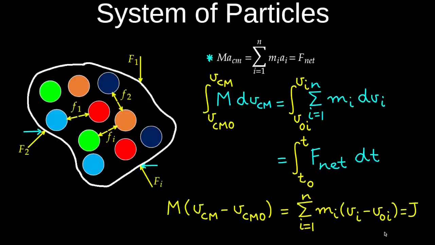So therefore the sum of the change in momentum of each particle in the system is equal to the change in momentum of the center of mass. And that's also equal to the impulse due to the net force acting on the system.